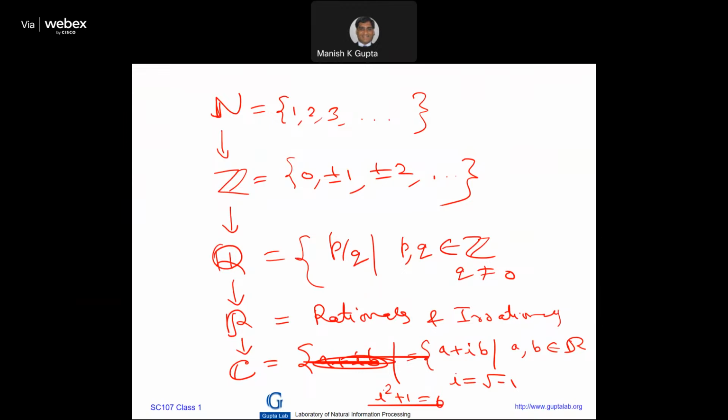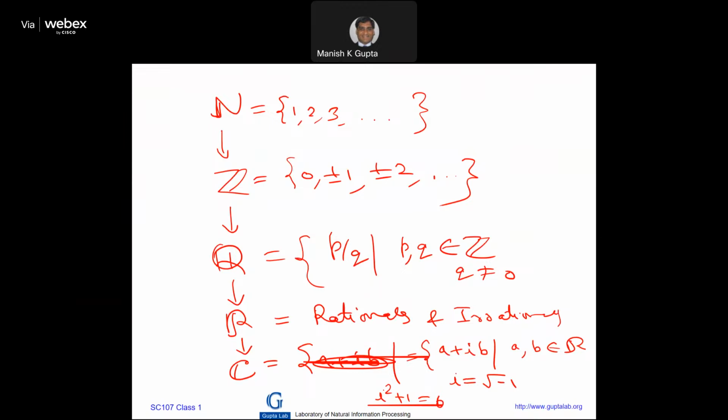As I mentioned, for each case there were equations which we could not solve, so we needed to extend. For example, on N, if we have the equation x plus 2 is equal to 0, we don't know how to solve it, so we extend to integers. Then there are equations like 2x is equal to 1, we don't know how to solve it, so we extend to rationals. Then there are equations like x square is equal to 2, so we went to reals.